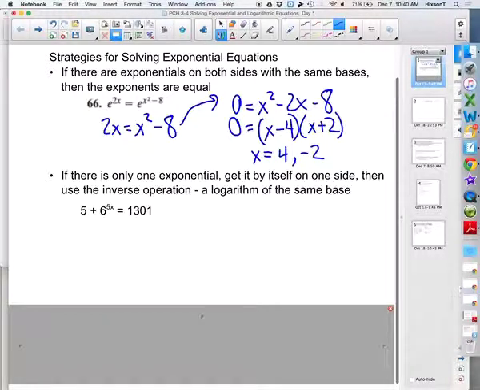Before we do anything, we want to get the exponential portion of this by itself. So obviously we subtract 5. 1,296 equals 6 to the 5x power.